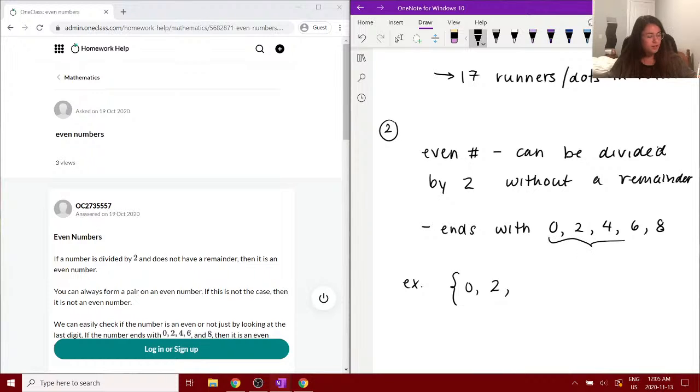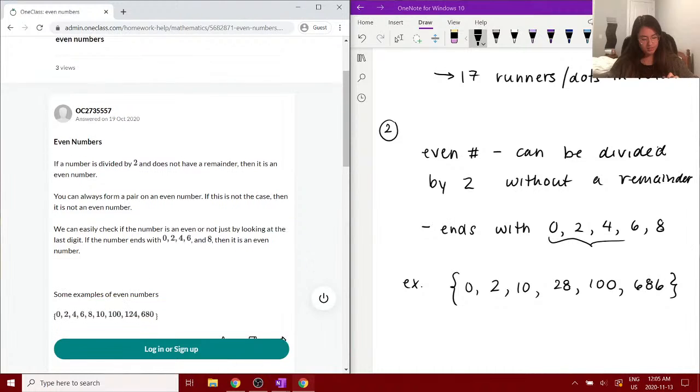We can also have 10 that ends with 0. We can have 28 that ends with 8. 100 is an even number. 686, just throwing out random numbers here. Those are all even numbers because they can be divided by 2 without leaving a remainder, or with a remainder of 0.